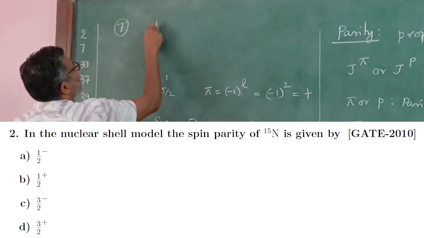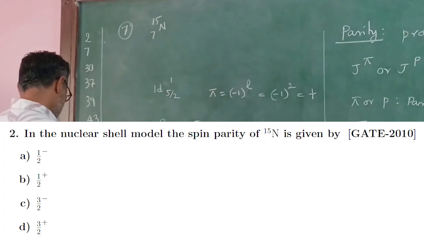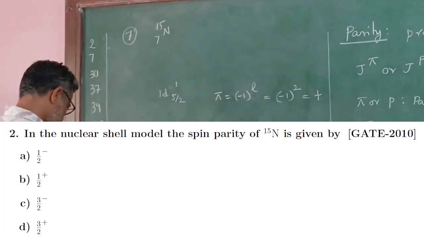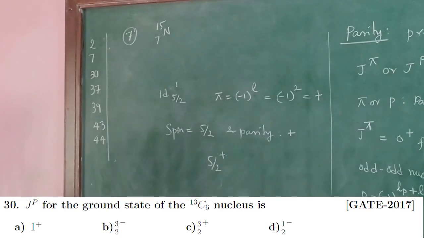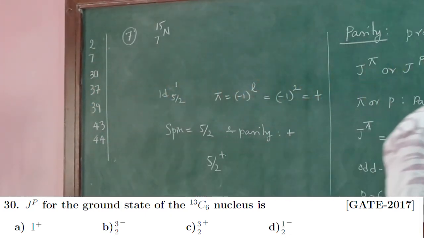So let's say N-15, and the spin and parity is, I hope you can do it. The options are 1 by 2 minus, 1 by 2 plus, 3 by 2 minus, 3 by 2 plus. Try it on your own.